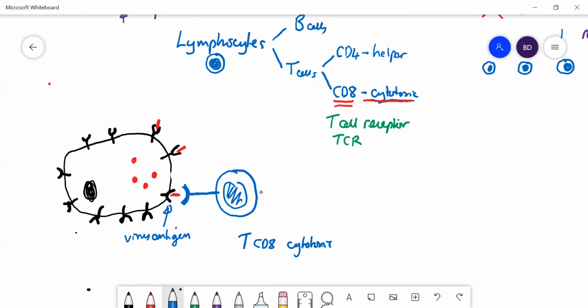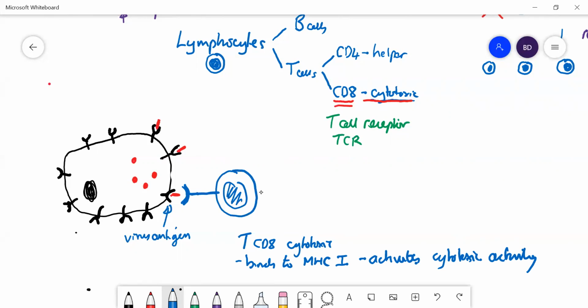So that binds to the T cell receptor. It binds to the MHC complex, and that activates the T cell. It activates the cytotoxic activity.